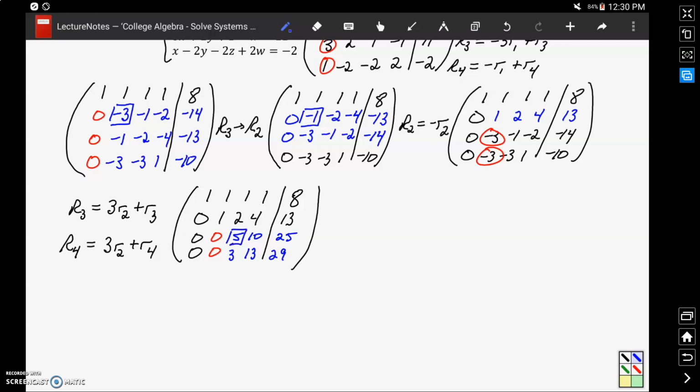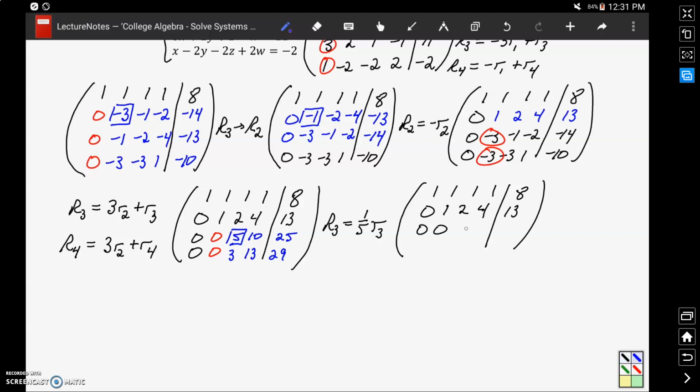Now we need row 3, column 3 to be a 1. So we'll take 1/5 times all of our values in row 3 to update row 3, changing these values to 1, 2, and 5.